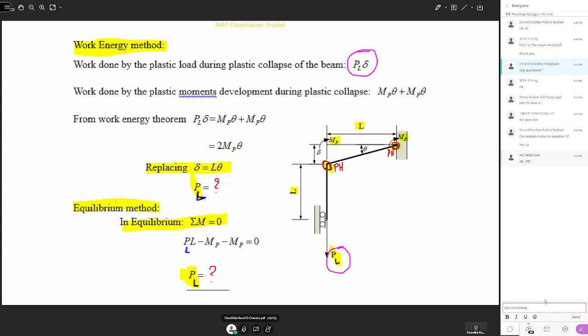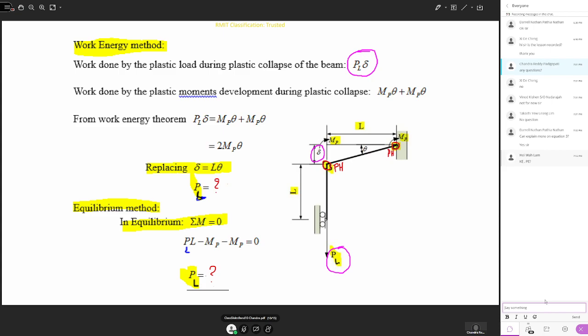The force is PL. The displacement here is this delta, the vertical displacement. So now you can find an expression for this delta, the vertical displacement, in terms of the angular displacement theta and also in terms of length L.